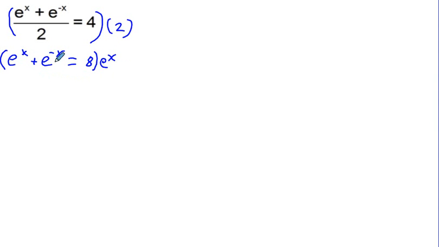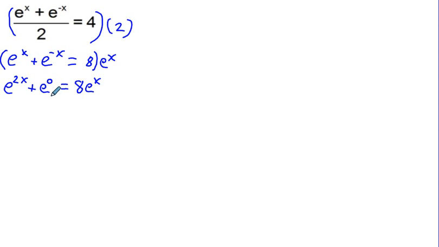When we multiply the left side of the equation by e to the x, we get e to the 2x, and then e to the negative x times e to the x is going to be e to the 0 power. I hope you recognize what that is. And that's going to be on the right side 8 e to the x.